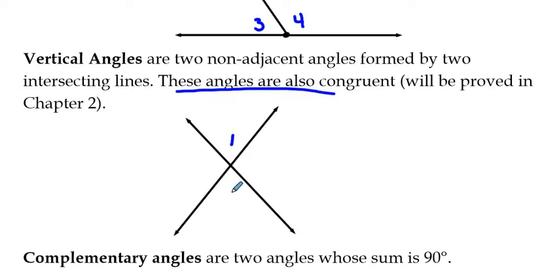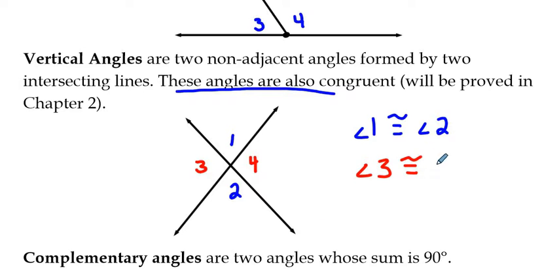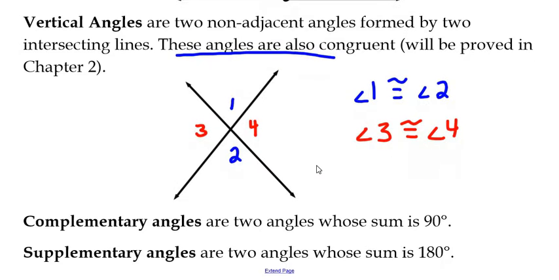So if we look here and name these two angles angles 1 and 2, and we name these angles 3 and 4, angle 1 is going to be congruent to angle 2, and then angle 3 is going to be congruent to angle 4. And you'll see in chapter 2 when we prove that that it actually works.